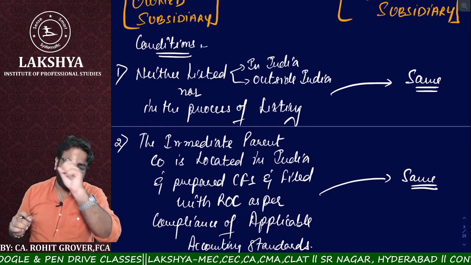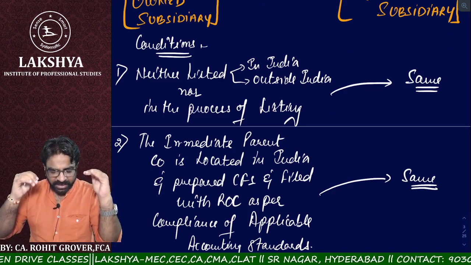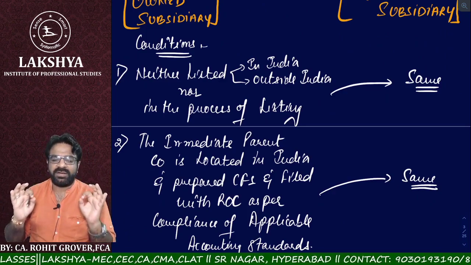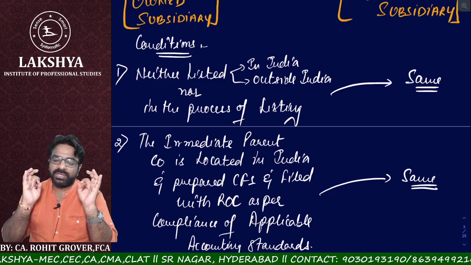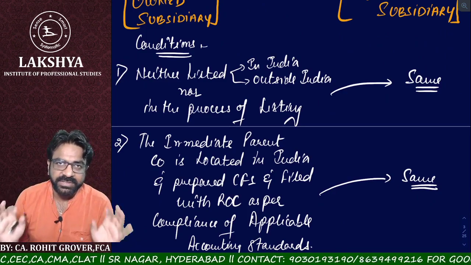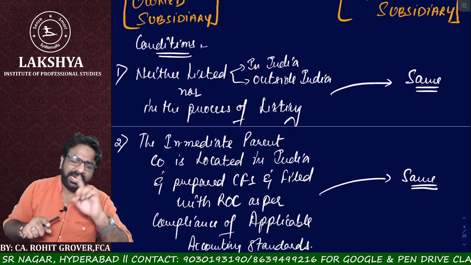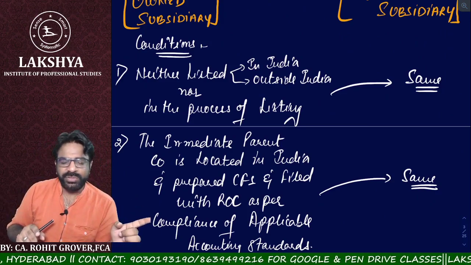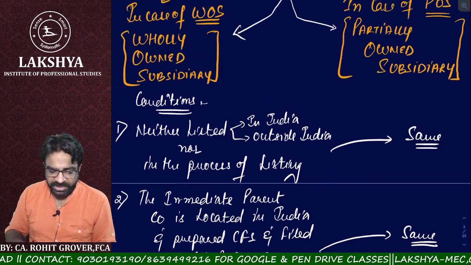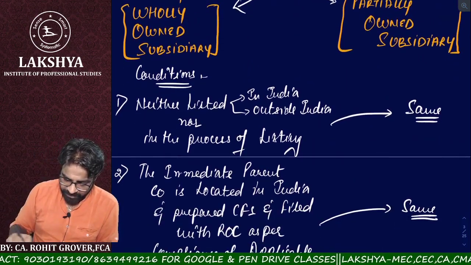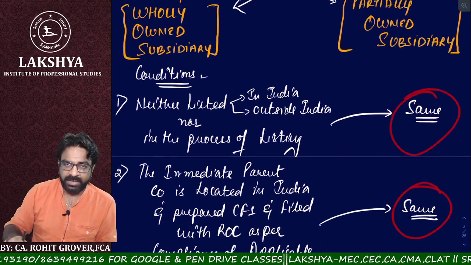Are you getting the point? This point is equally applicable for both the wholly owned subsidiary as well as the partially owned subsidiary. That's why it is written the same here.